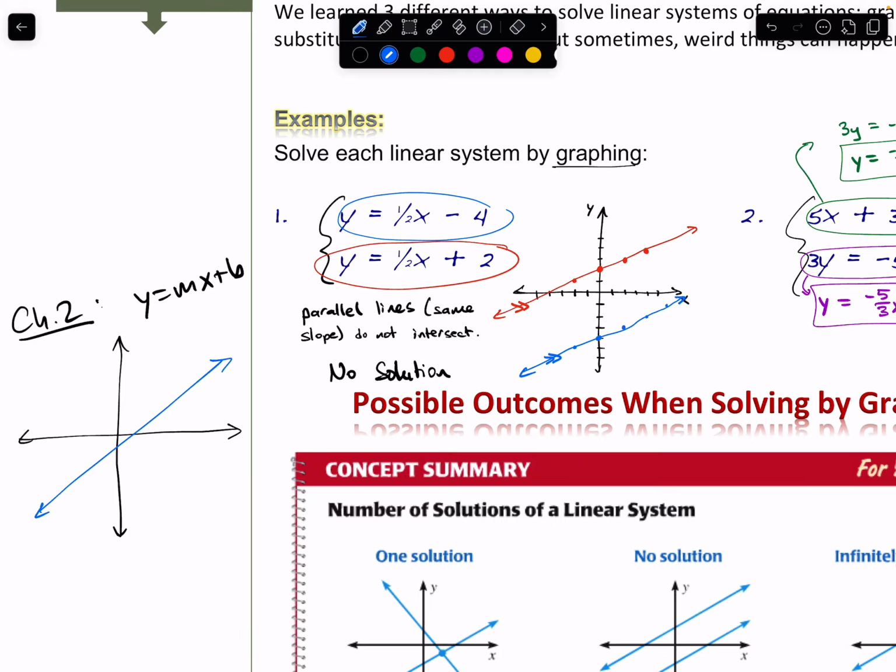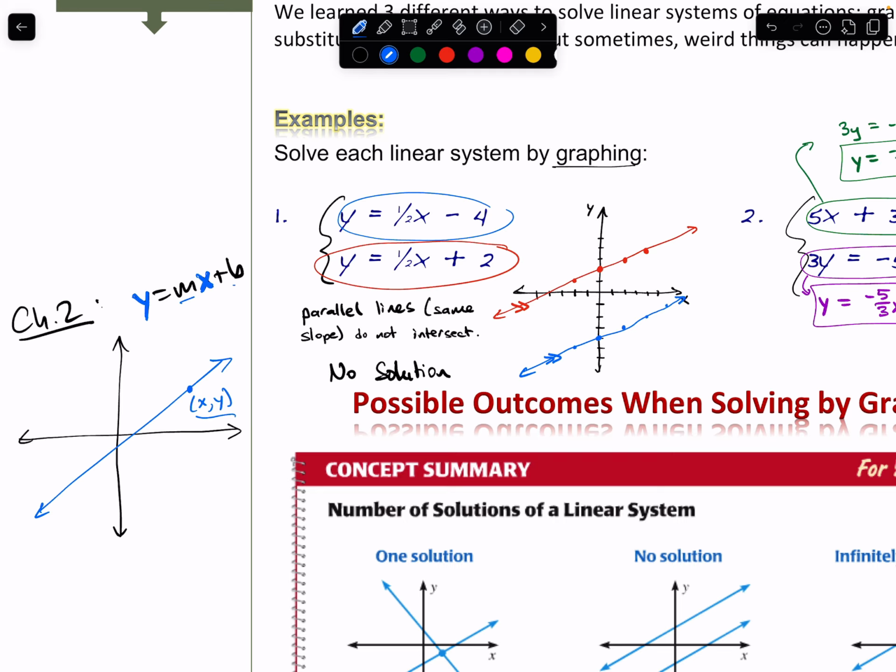Now, any point on this blue line, maybe this point here, you can think of that point as an ordered pair, x comma y, and x and y in the equation, those are variables, so they can take on different values. They vary, right? But if I were to take this point and plug those coordinates into the equation, because that point is on the line, we should get a true statement.